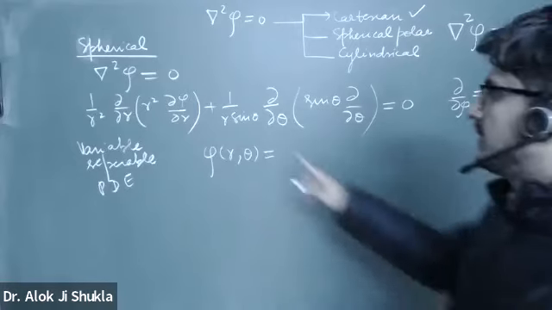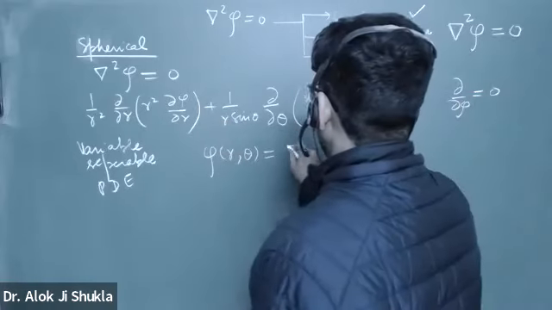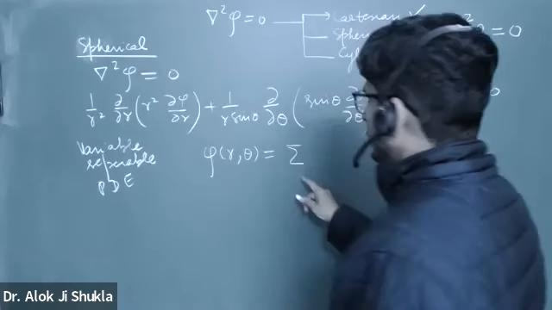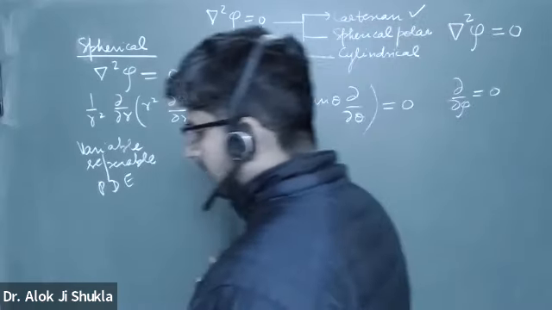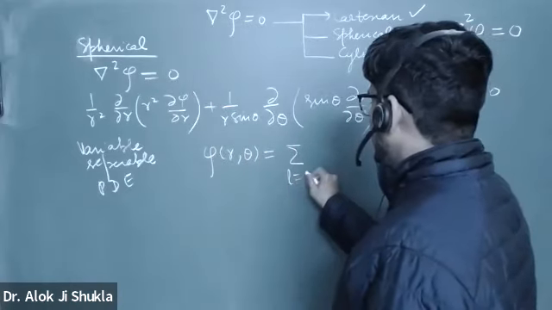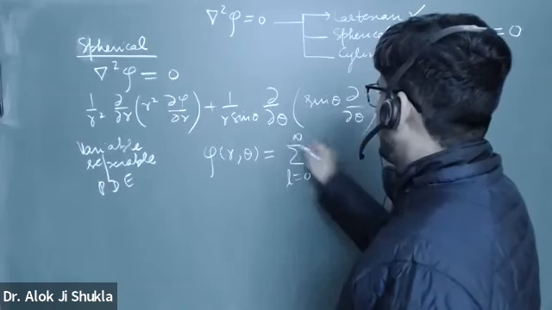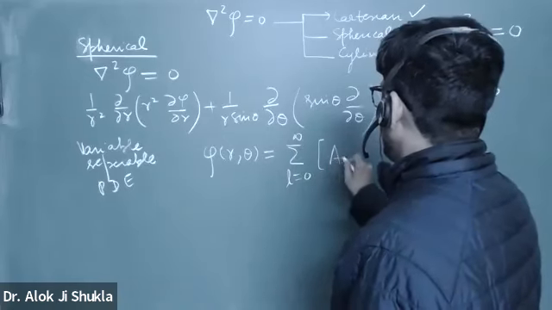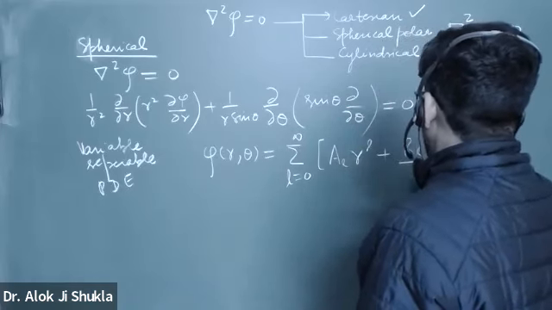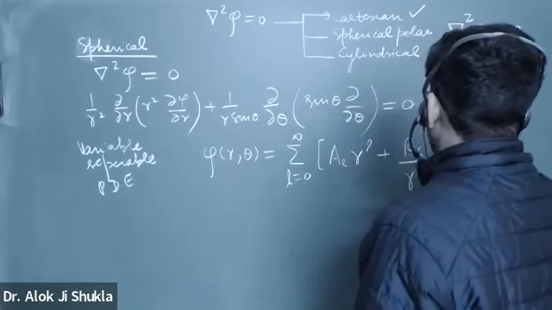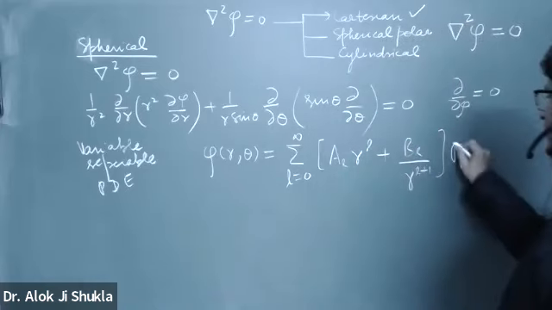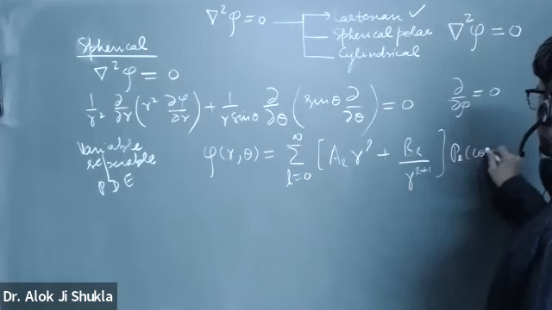So the potential, that means the solution, is given by the summation over L equal to 0 to infinity of AL r to the power L plus BL upon r to the power L plus 1, into PL cos theta.